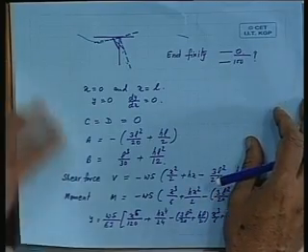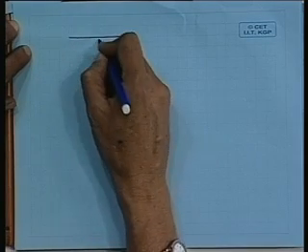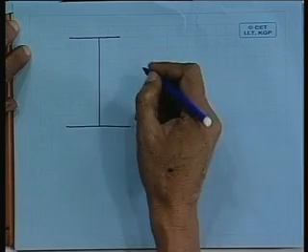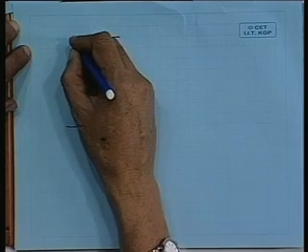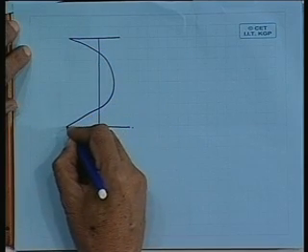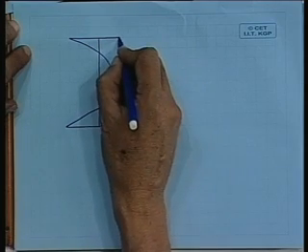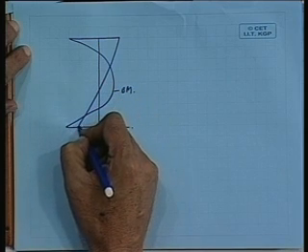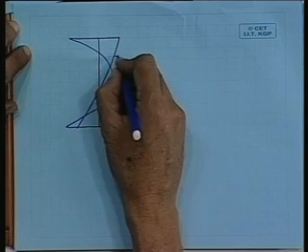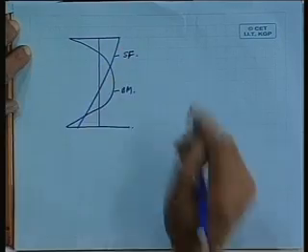And if you try to plot the curves, what you will get here, this is your bending moment curve, and this is your shear force SF curve, and this is the datum line with which I have got the thing.